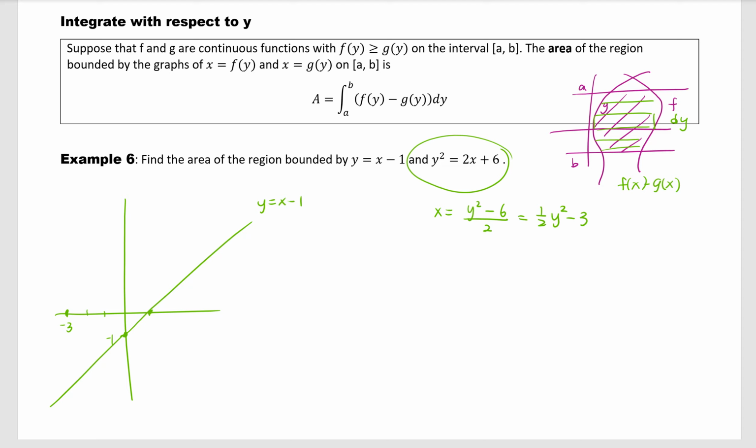And, well, we want to work with integers, right? So if we pick y equals 1, it won't give us an integer. So let's plug in y equals 2. 2 squared is 4 over 2, so 2 minus 3 is minus 1. So when y equals 2, we get x is minus 1.